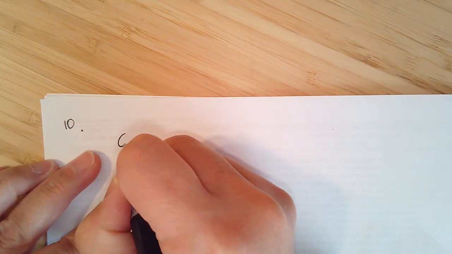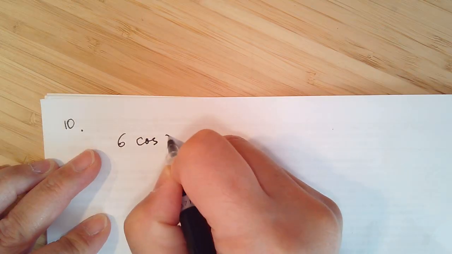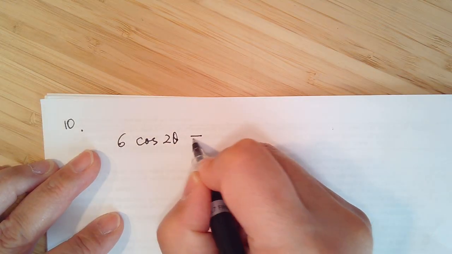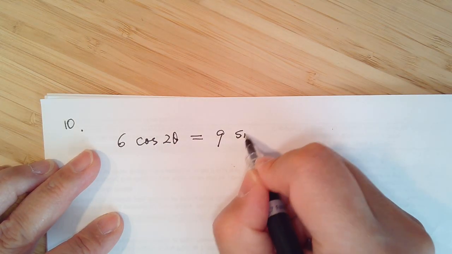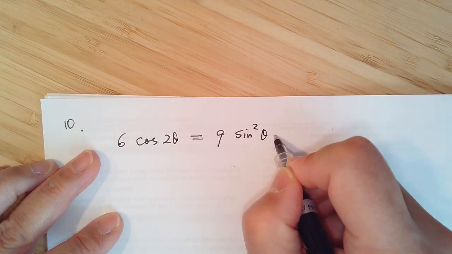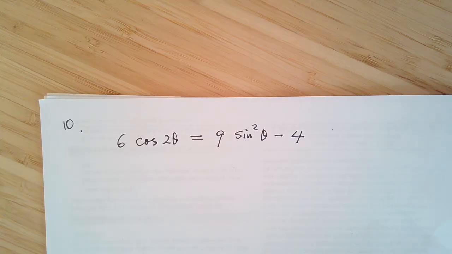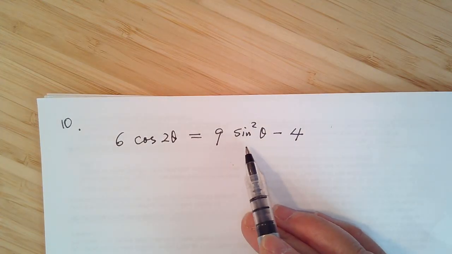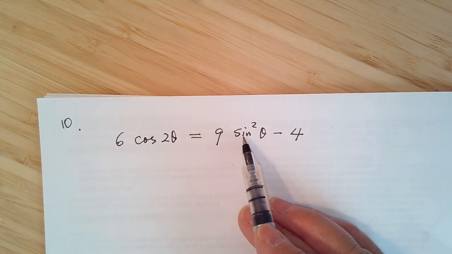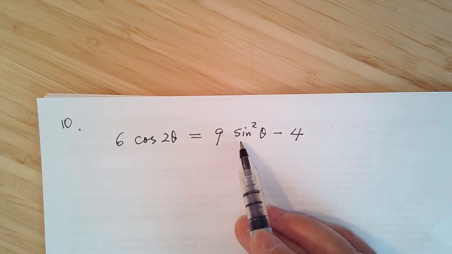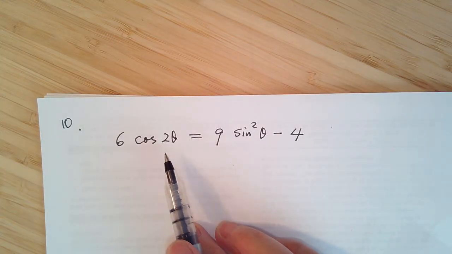Which is 6 cos 2θ = 9 sin²θ − 4. You can reduce power to change that. Of course, that way might not help too much, but you can just use the double angle formula.